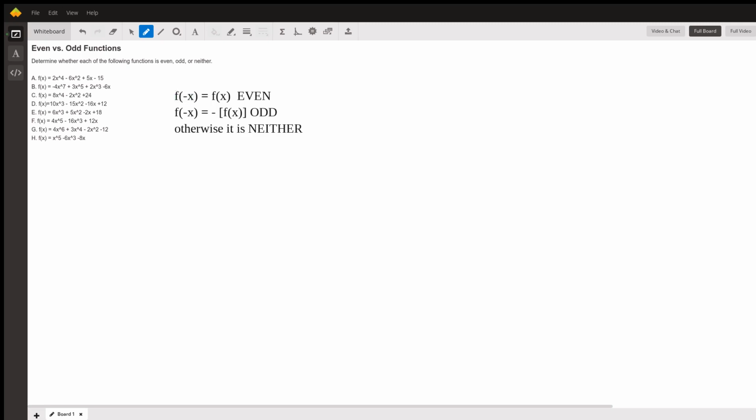Now, let's do it with a simple one. Let's do it with A. So for A, f of x is 2x to the fourth minus 6x squared plus 5x minus 15.